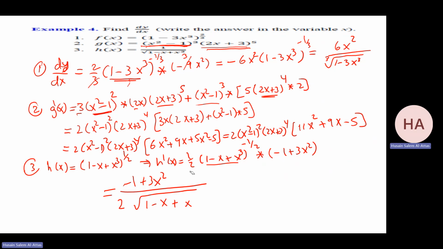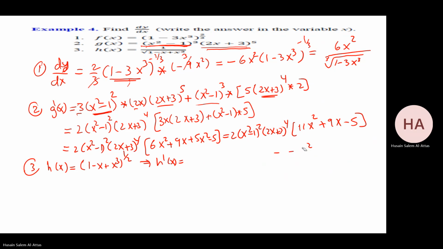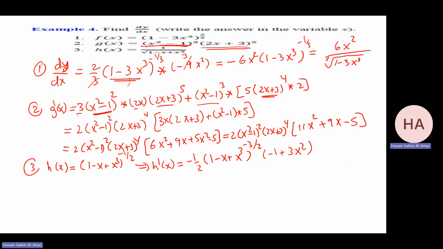Wait a minute. Sorry. This is not to the power half, this is the power minus half. It's in the denominator. So h prime of x will be minus half, 1 minus x plus x cubed to the power minus 3 over 2. And this is minus 1 plus 3x squared, which is the derivative of this.